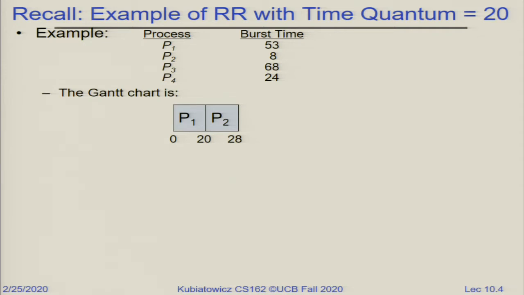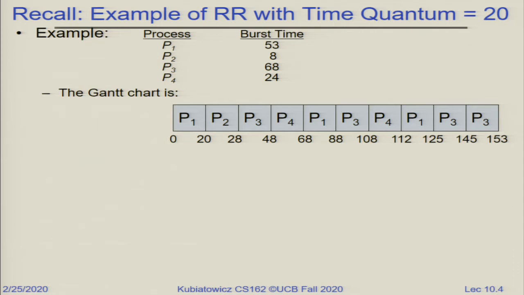Because it only wants to run for 8. Okay? Just because you have a quantum of 20 doesn't mean you force the thing to compute for 20. Okay? All right, so then we go to the next one. That actually does run for 20. Okay? And so on. And if we keep going, you could figure all that out, right?